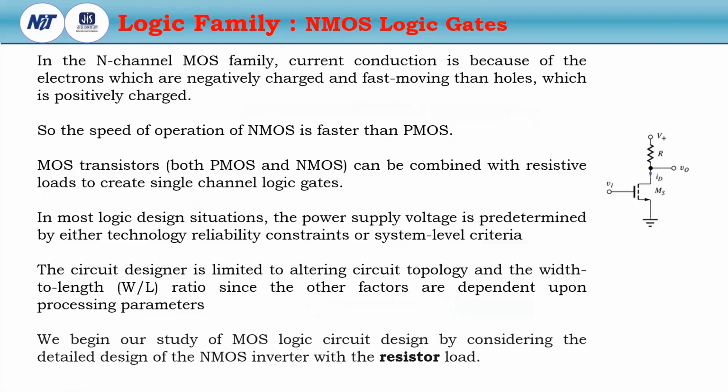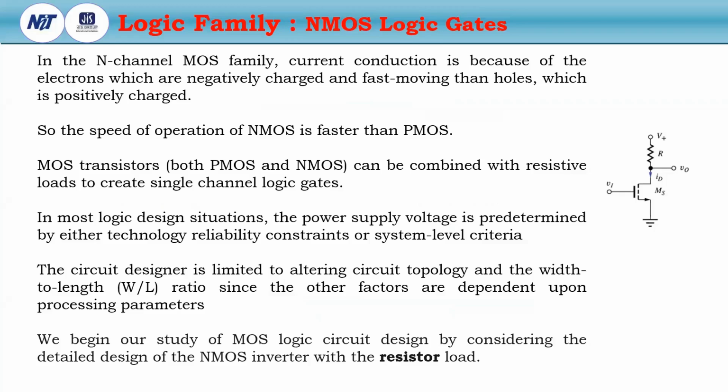So in the N-channel MOS family, the current conduction is because of the electrons, we already know, which are negatively charged and fast moving than holes, because the mobility of the electrons is higher than the holes. So for this reason, the NMOS is very faster than the PMOS. Okay.